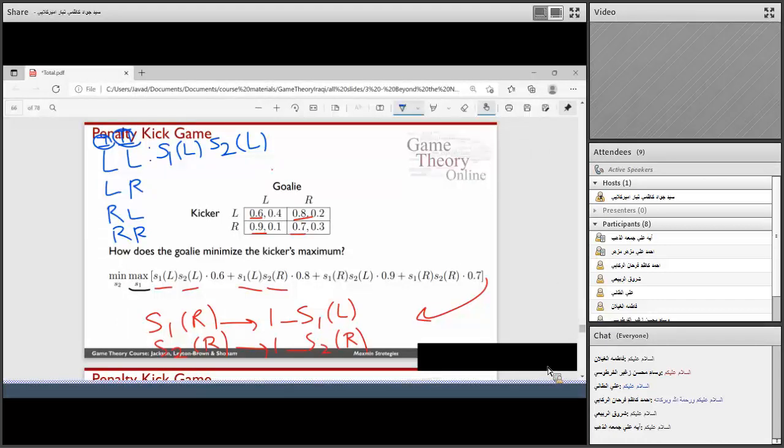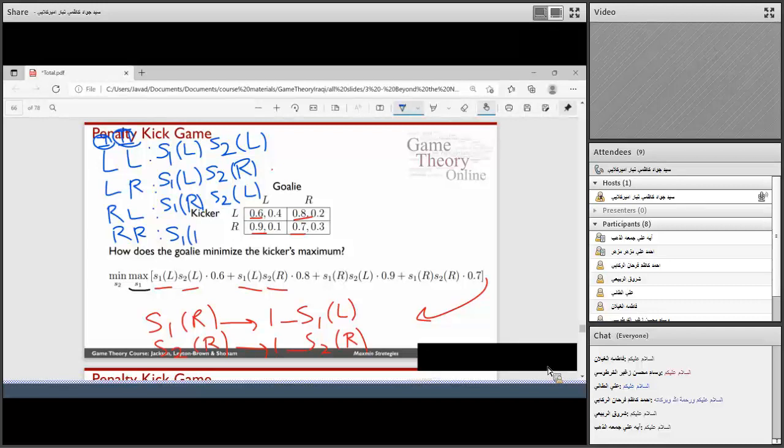All right? Now, the probability of first player going to left is S1 of L multiplied by the probability of player 2 going to right, S2 of R. And similarly, the probability of first player going to right multiplied by the probability of second player going to left.